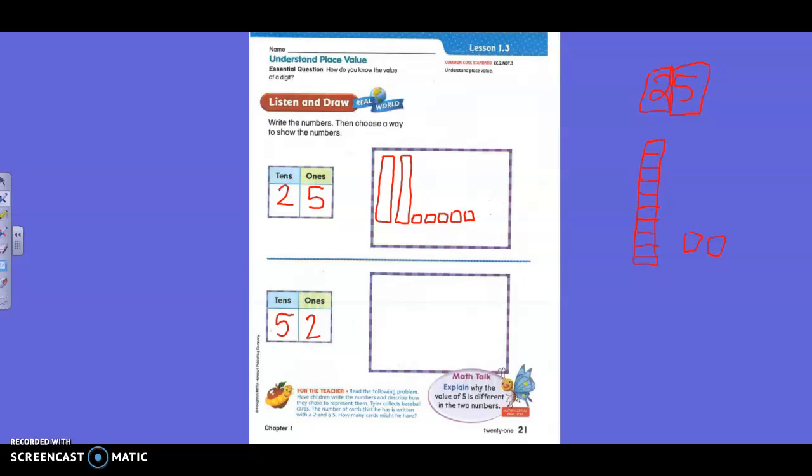You just have to draw them individually, okay? It might be easier to do. But you just have to have spaces in them to show, okay? So 2 tens and 5 ones. That's how you make 25. Okay?